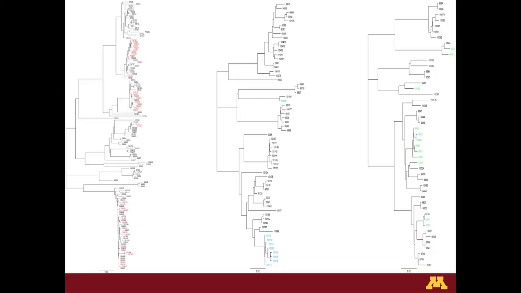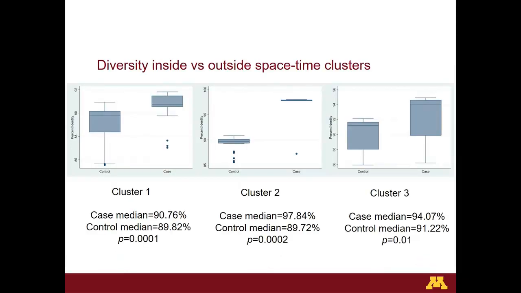We would expect to see that the case sequences are clustered within one clade only. But we can see that that doesn't necessarily happen all of the time. Even for that small cluster, we also have a case sequence that is in another clade. So that relationship doesn't appear to be so obvious.